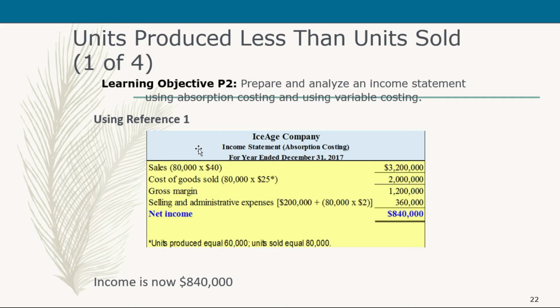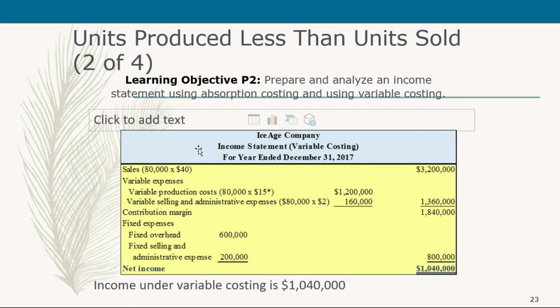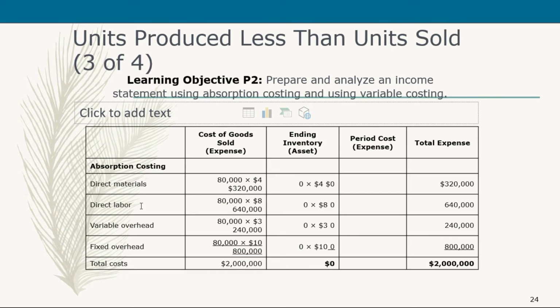So under absorption costing, your income statement here will give us a total net income of $840,000. While for your variable costing, it will give us a net income of $1,040,000. So what happened? In this case, your direct material, your direct labor, your variable overhead, and fixed overhead under absorption costing are all recognized in cost of goods sold.